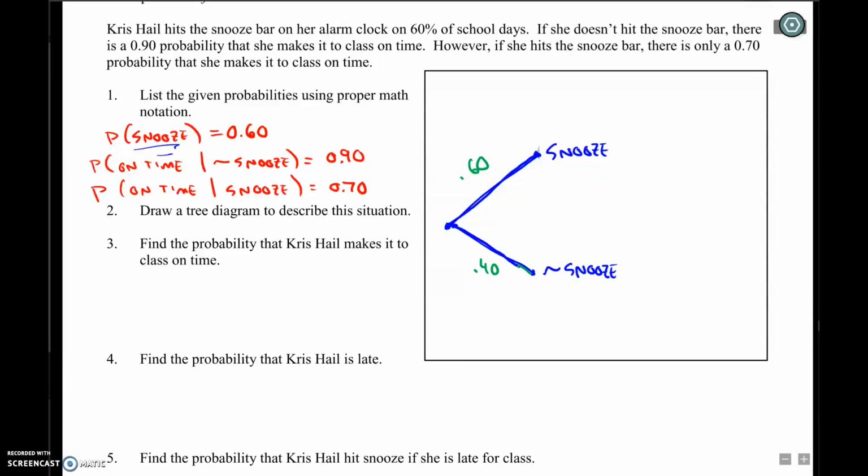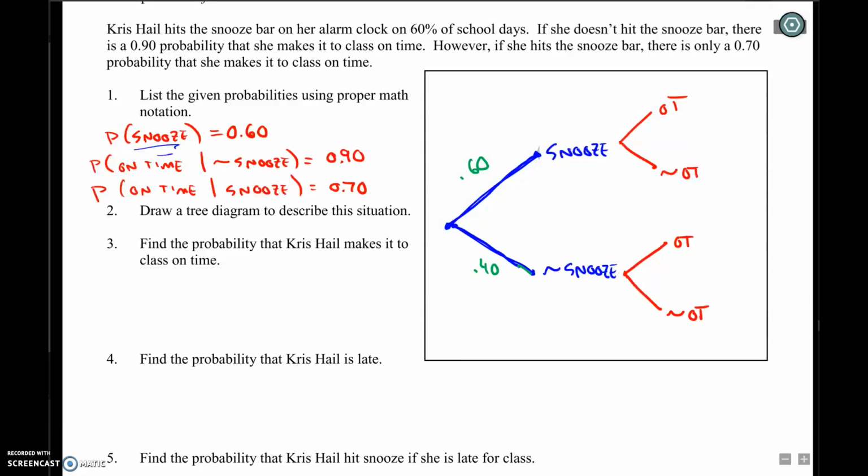Now, if she hits the snooze, there are two possibilities. This is the second event. Either she's on time, let's say OT, or she's not on time. And then if she doesn't hit the snooze, she's either on time or she's not on time. And I know these probabilities as well.